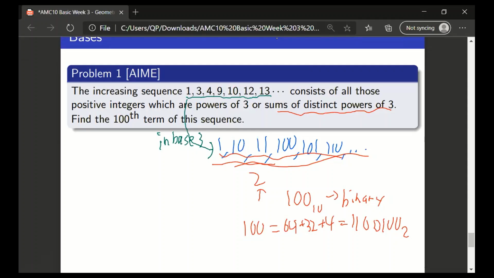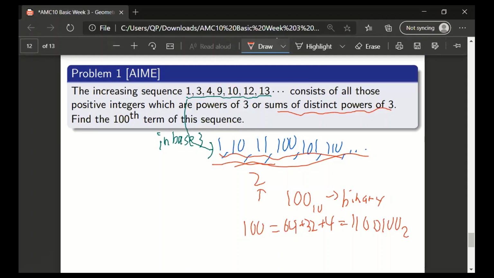But you want the hundredth term in base 10, so you need to turn this into base 3, and then convert it into base 10. So the result is just 9 + 3^5 + 3^6 = 9 + 243 + 729. And when you do the addition, the answer is 981. So are there any questions?